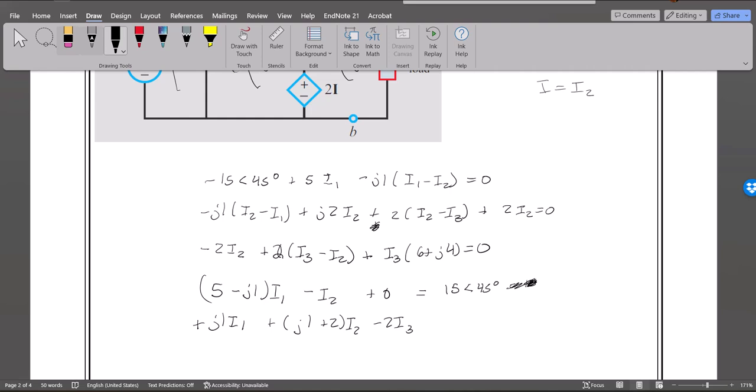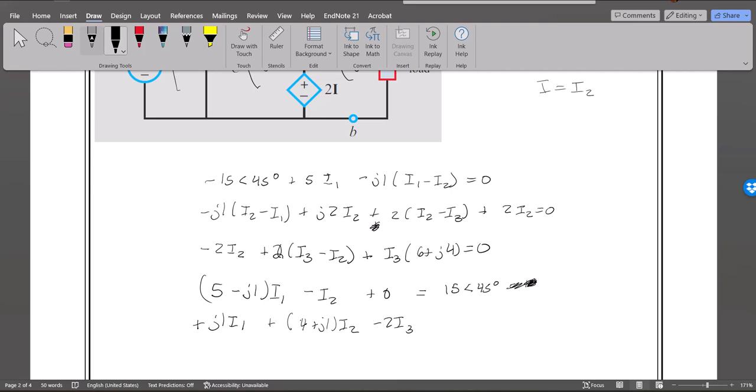It's 4I2. Yeah, I can't subtract. Let's try this again. 2 minus 1 is 1. Got it. And 2 plus 2 is 4. 4 plus J1 I2.